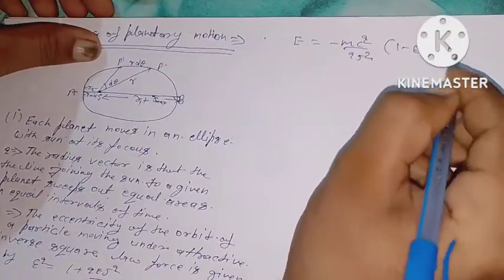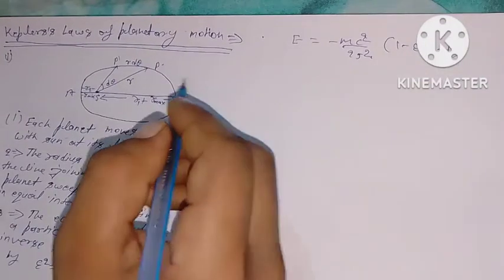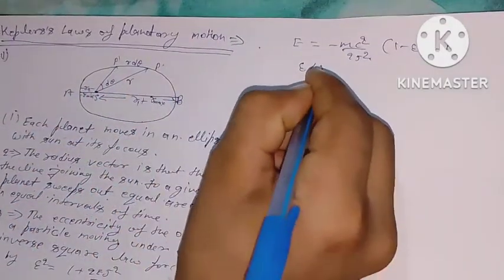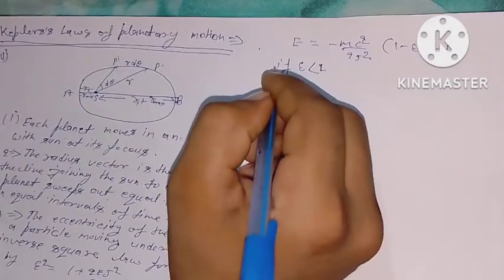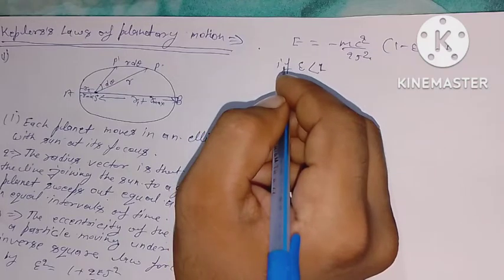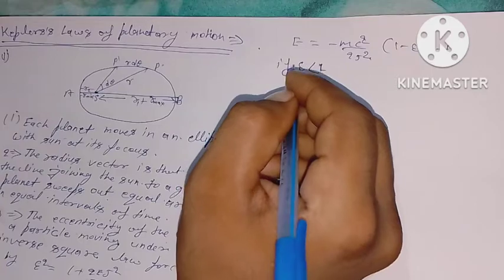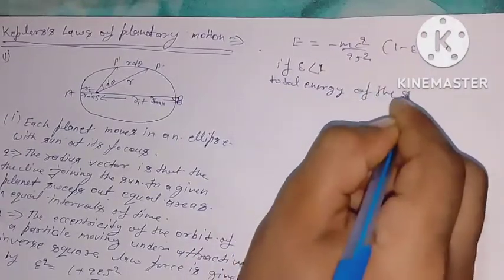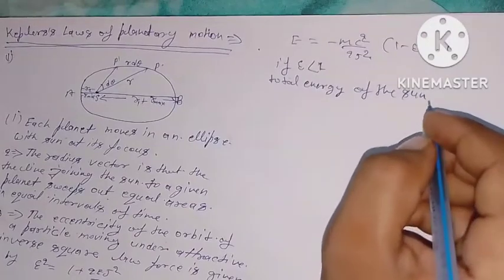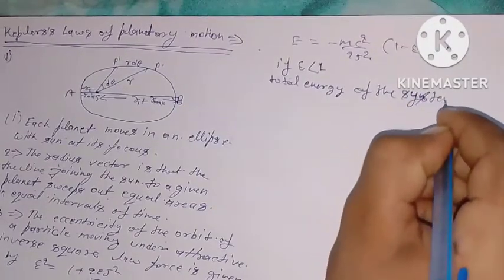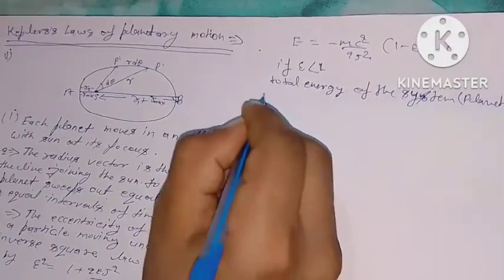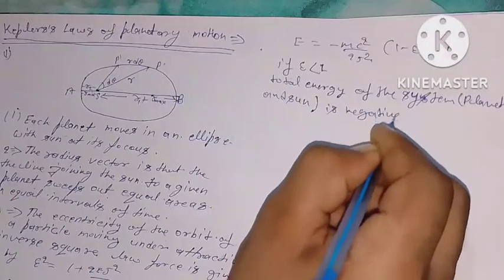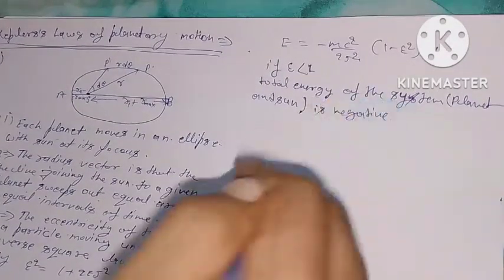In the case of a planet revolving around the sun, if epsilon is less than 1, the total energy of the system, planet and sun, is negative.